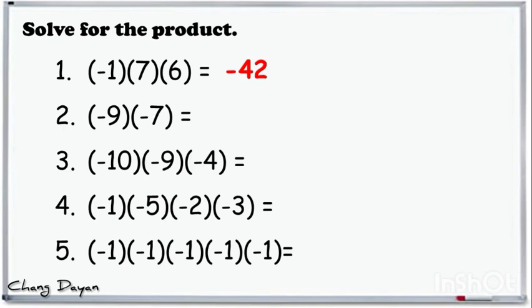For number 2, how many negative integer here? Correct. There are 2, and 2 is an even number. Therefore, our answer here is positive 63.